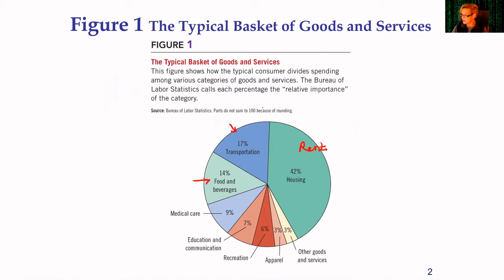This one was updated, I believe in 2020, so it kind of gives you a good idea of the relative importance. This is one reason why we strip out food and energy from this. Energy would be included somewhat in transportation, oil costs, and so on, but it gives you a good big broad overview.